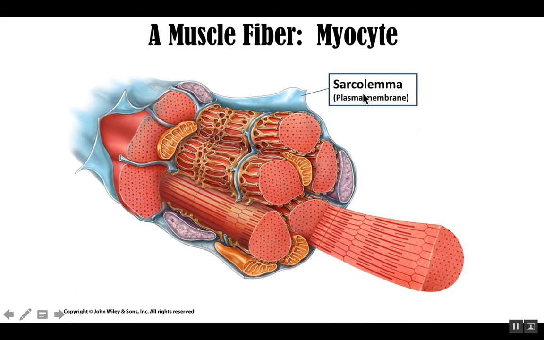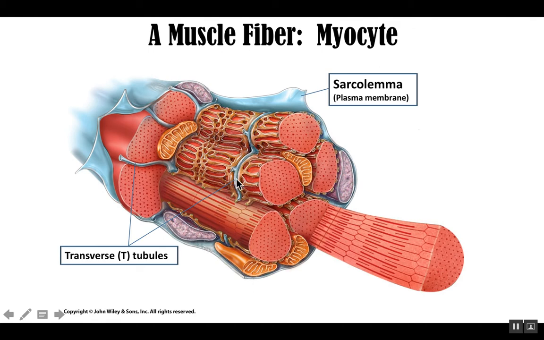Sarco means flesh, lemma means layer. So this is just kind of a layer, or the plasma membrane, of the muscle cell. We also see that there are some tube-like extensions of the sarcolemma. These tube-like extensions are known as transverse tubules because they run across the diameter of the muscle cell.